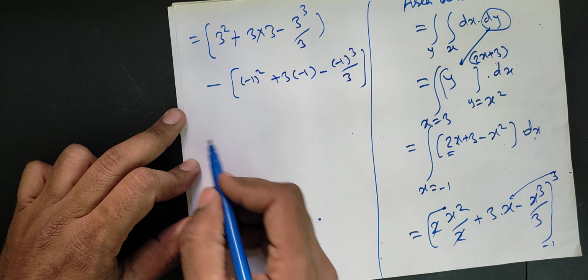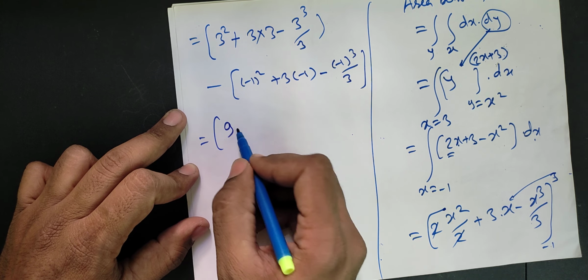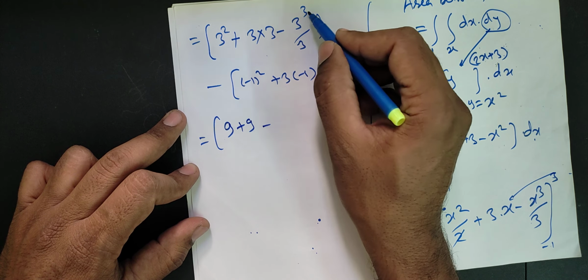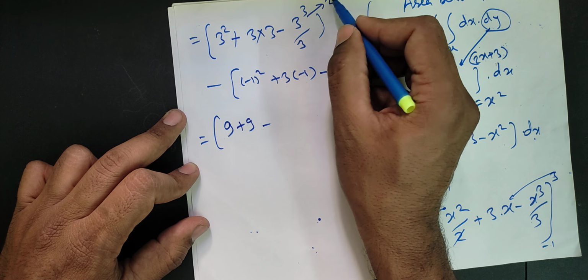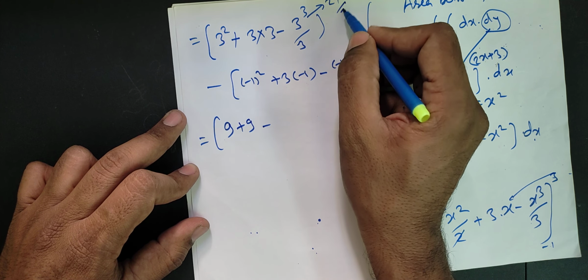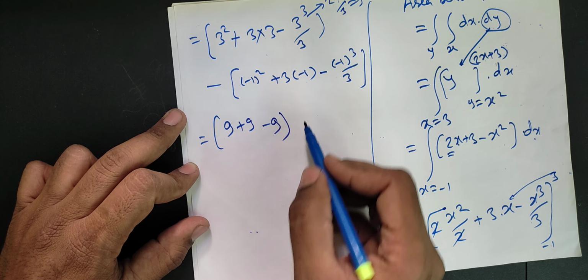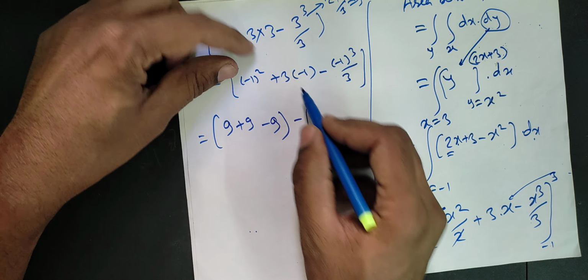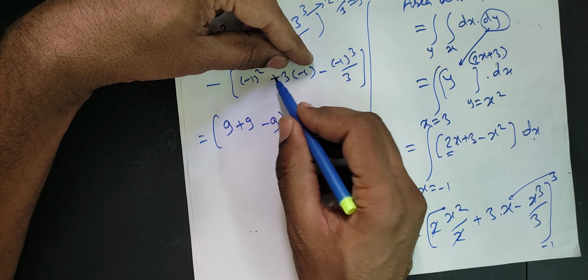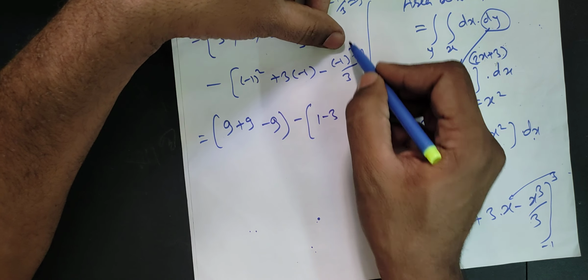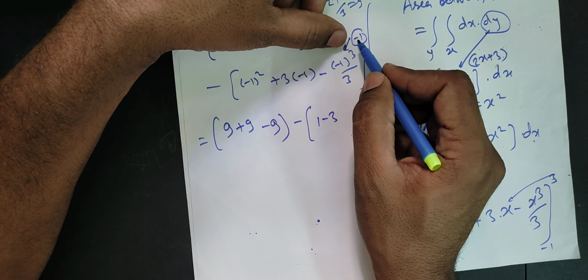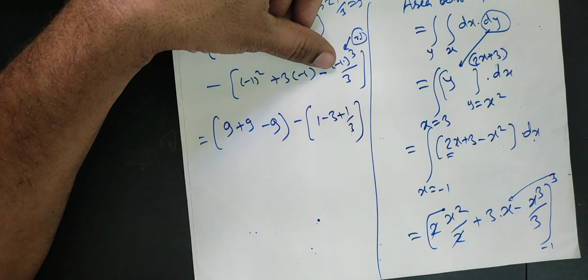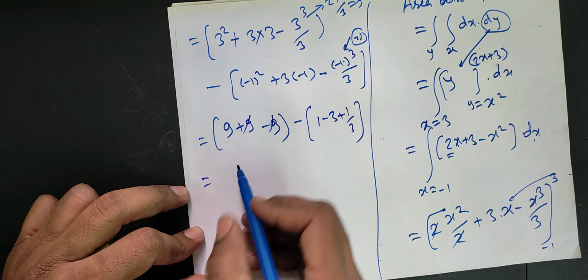So 3 square is 9, plus 9 minus, 3 cube is 27, 3 into 3 into 3 divided by 3, again it is 9. Minus of minus 1 square, which is 1, plus 3 into minus 1 is minus 3, and minus 1 cube is minus 1, with the minus sign gives plus 1 by 3. Now this 9 got cancelled.